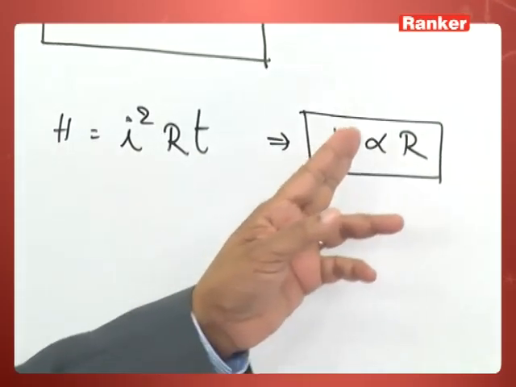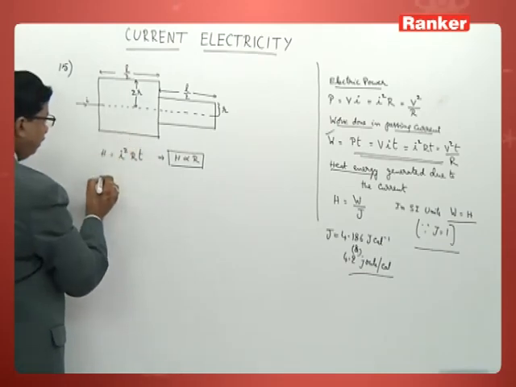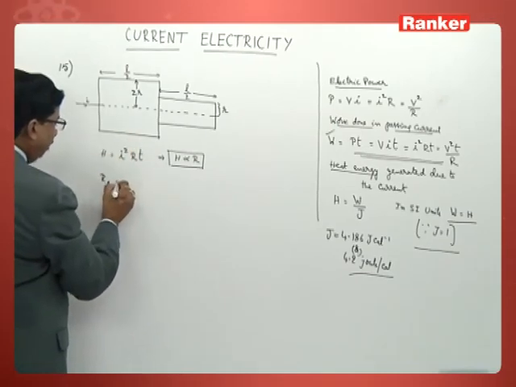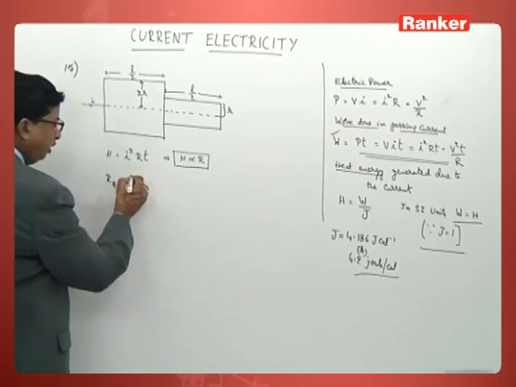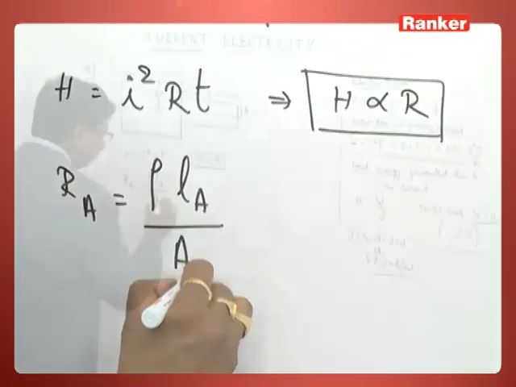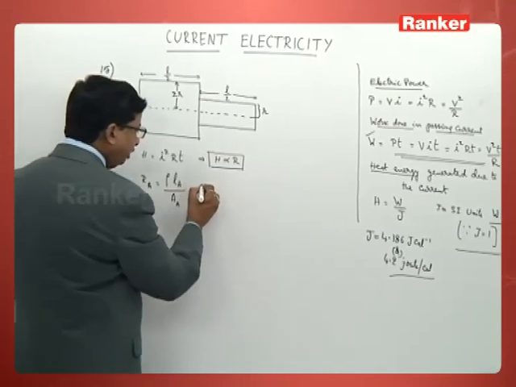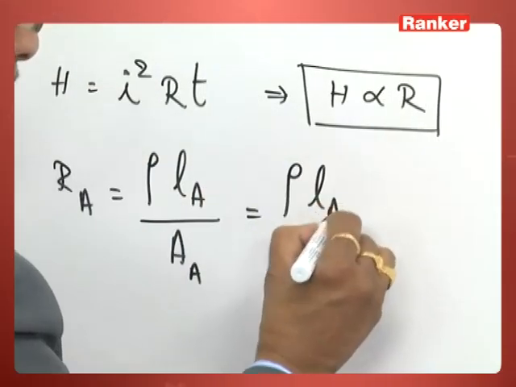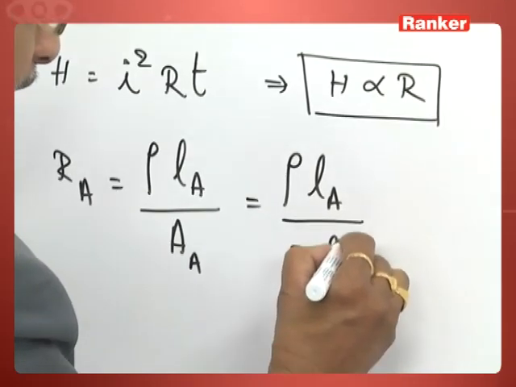If I write H is proportional to R here, what is the resistance of the first rod? Let us take it. What is the resistance formula? Rho into L by area of cross section. In other words, I can write rho L by area of cross section, which is pi r_A square.